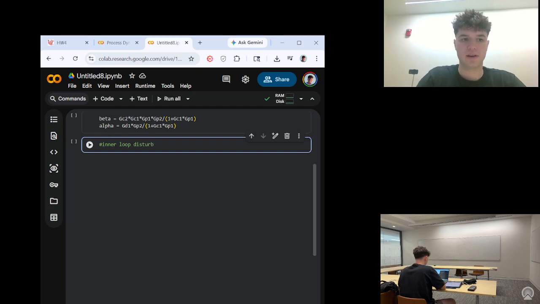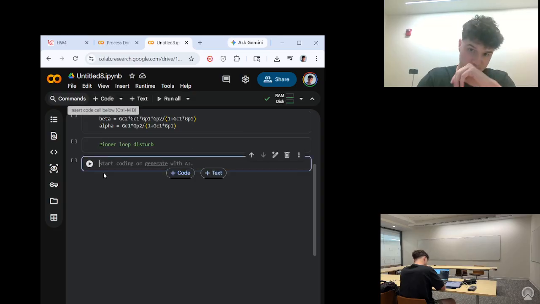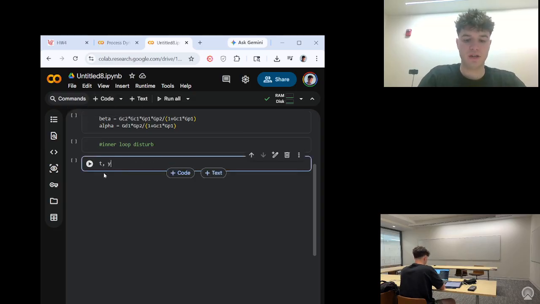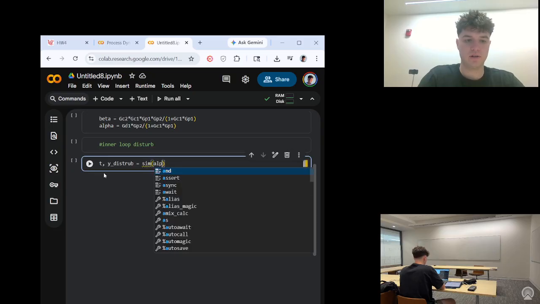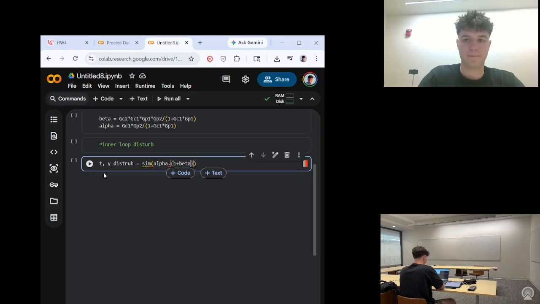And now we first want our inner loop disturbance. To do this, we're going to have to plot our variables. So we want t and y underscore disturb. This is going to be equal to simulation of alpha divided by 1 plus beta. And then here we need lambda t, and we need 1. We want the iterations to be 500, and dt set equal to 1.